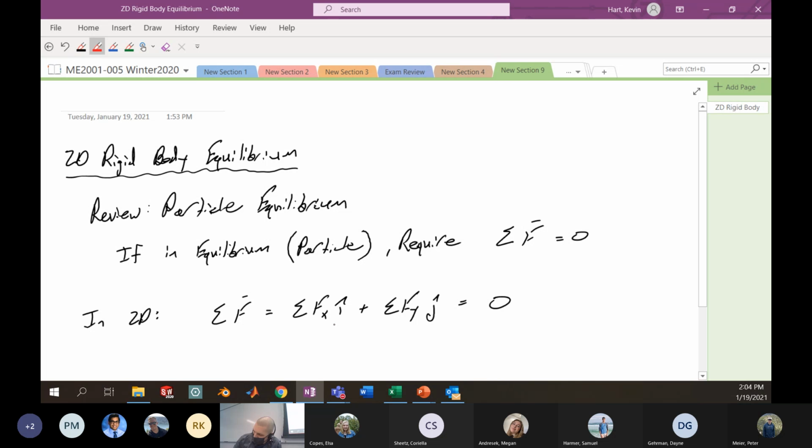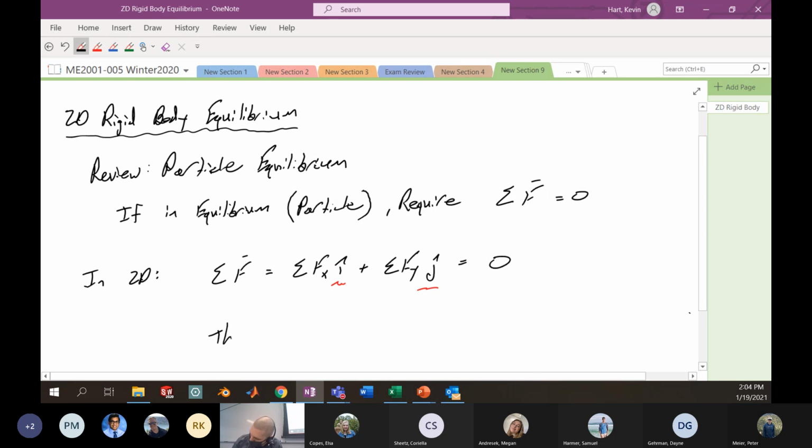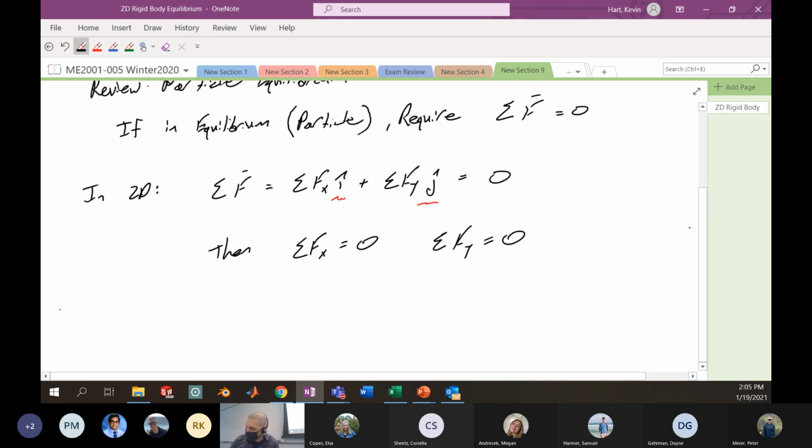Since the i and j directions are independent of each other, we deduced that the sum of the forces in x has to be 0, and the sum of the forces in y has to be 0 independently for the state of equilibrium to hold. Both of these things must be true. The sum of the forces in x equals 0, and the sum of the forces in y equals 0. So that's where we started with 2D particle equilibrium, and then we moved on.